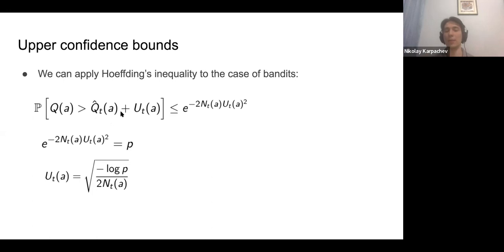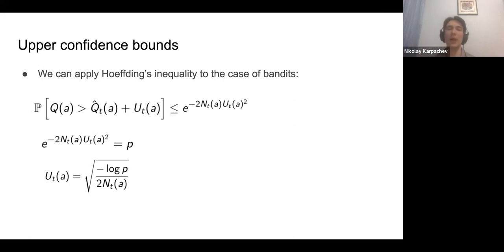This is our sample of the random variable, our qt of a sample. We take the average of the sample, and based on it, we compute the upper confidence bound. If the sample size is 10, we are not very certain about the average. But if the sample size is 1 million, then probably the actual Q-value is close to our sample mean.